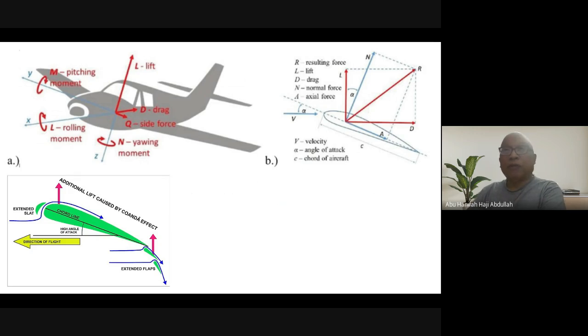You have moment over the wing. You have moment over that center line. Then you have 6 degrees of freedom, suspended in space.